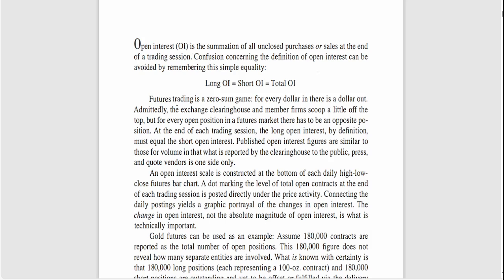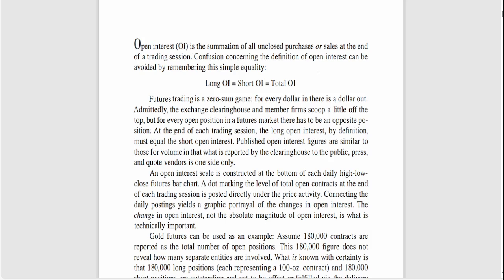Admittedly the exchange, clearing house and members scoop a little off the top, but for every open position in the futures market there has to be an opposite position. Like if someone opens a buy trade, then similarly a short trade is also opened. That's why a contract happens.